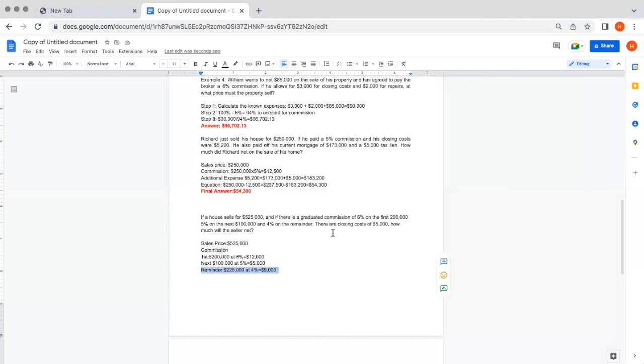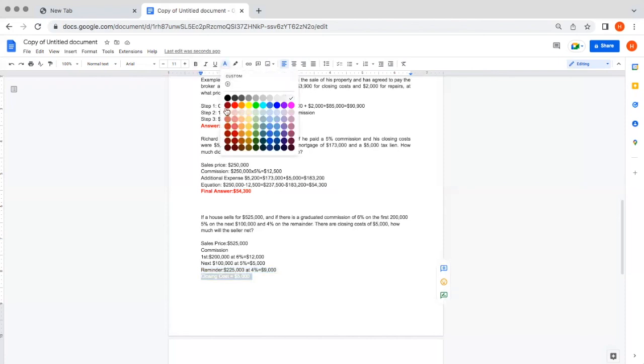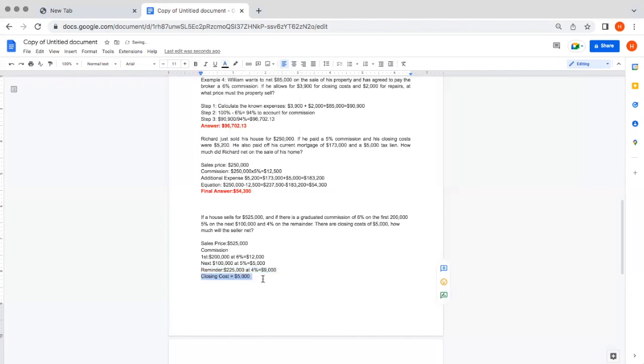Now we still have to account for something else, which is the closing cost. Closing cost is going to be right there, $5,000. And so we add all of these things up to determine his expenses, and how much he will net on this deal. So once we do that, here's the equation.